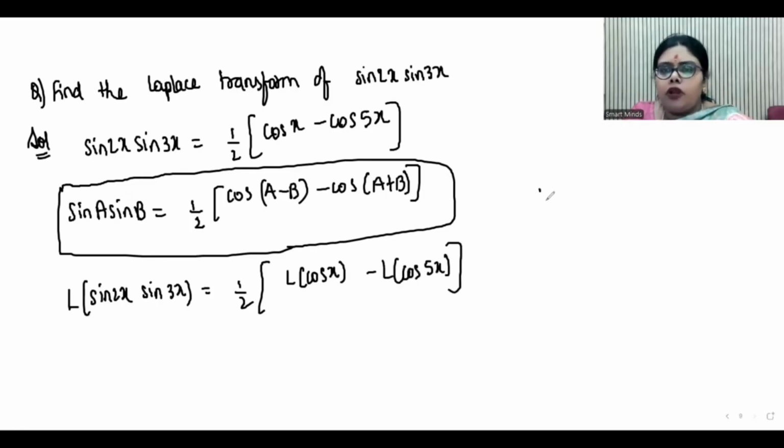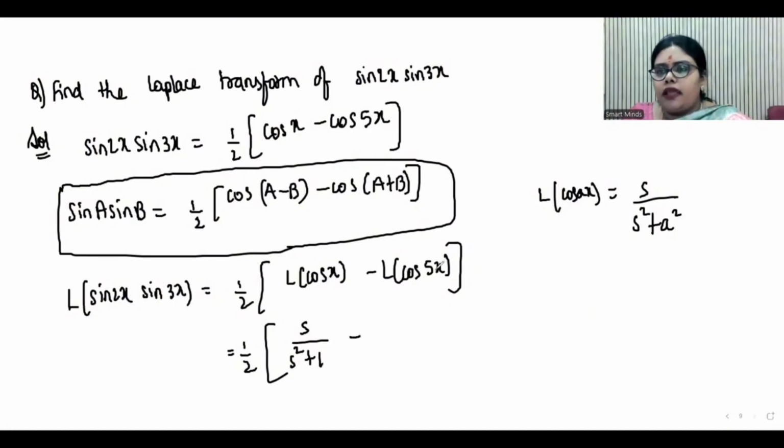Now we have a formula. L of cos ax is s by s square plus a square. Now when you are finding L of cos x, put a equal to 1. So s by s square plus 1, minus, here we put a as 5, s by s square plus 25.